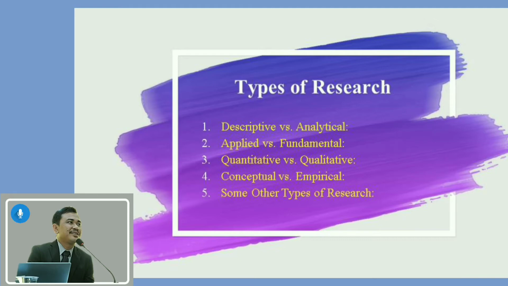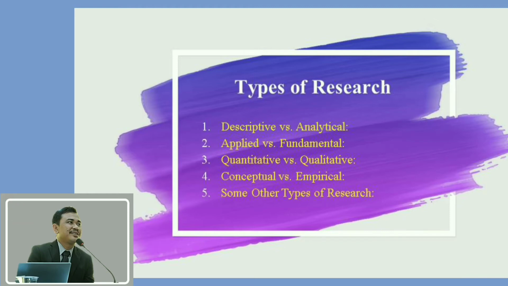This will be your first activity after this course. You have to be able to define the contrast of 5 categories in types of research. The first one, what is the difference between descriptive and analytical research?